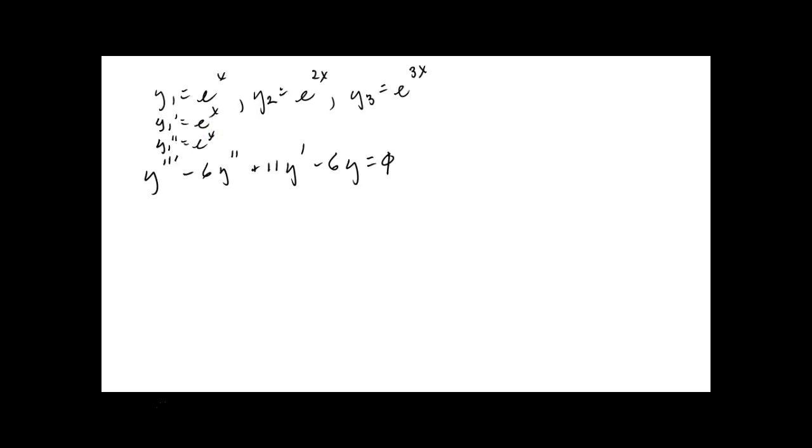We don't need the triple prime, just up to double prime. y2 prime was 2e to the 2x, and y2 double prime is 4e to the 2x. y3 prime was 3e to the 3x, and y3 double prime is 9e to the 3x.